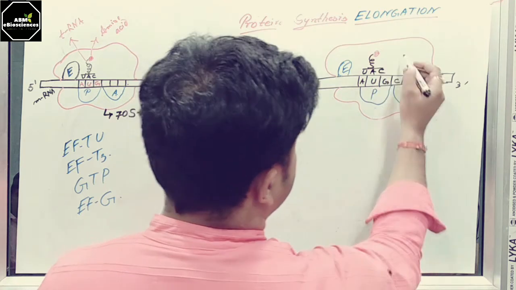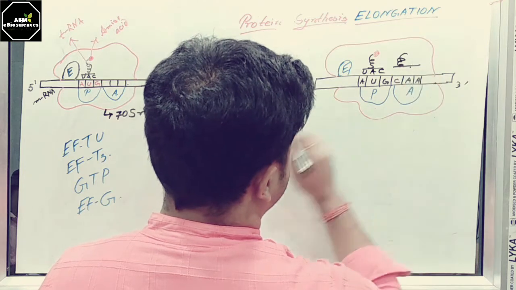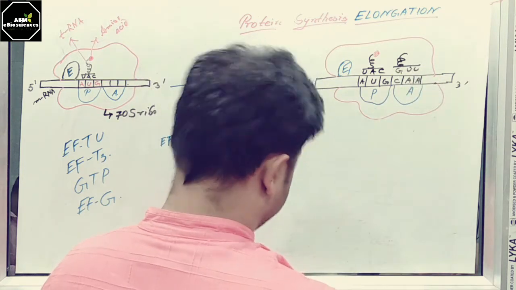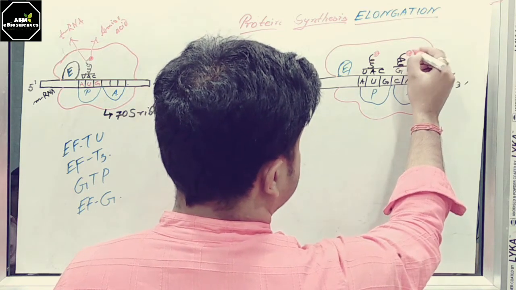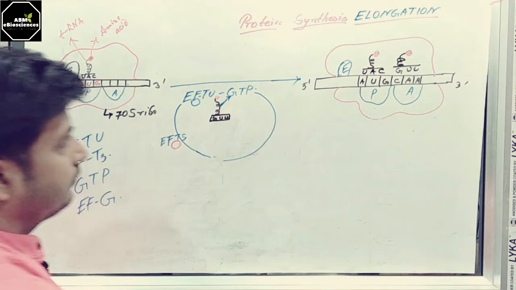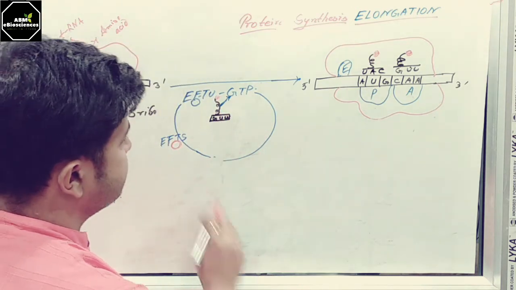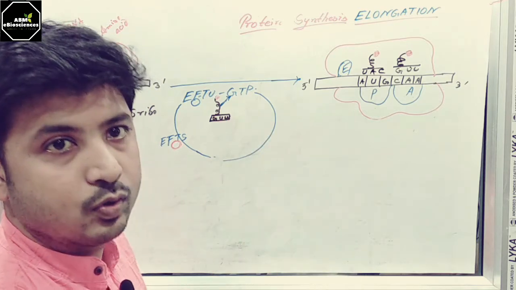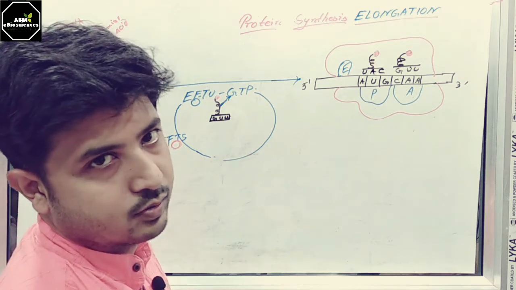Now the next amino acid will come with the anticodon GUU, and here it is the amino acid. This EF-TU GTP and EF-TS GTP complex is a cycle which goes on and on as long as the elongation process is going on.